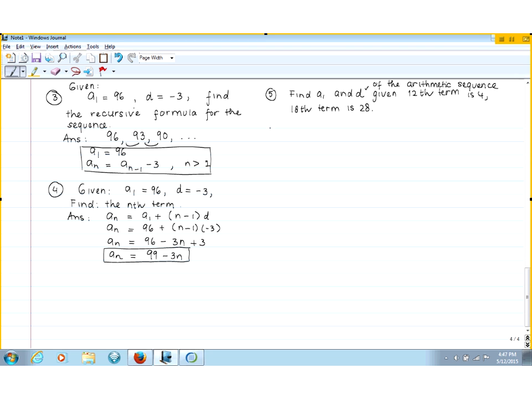All right, so given the 12th term is 4 and the 18th term is 28. So this is almost like problem number 2, and we could do either method 1 or method 2.